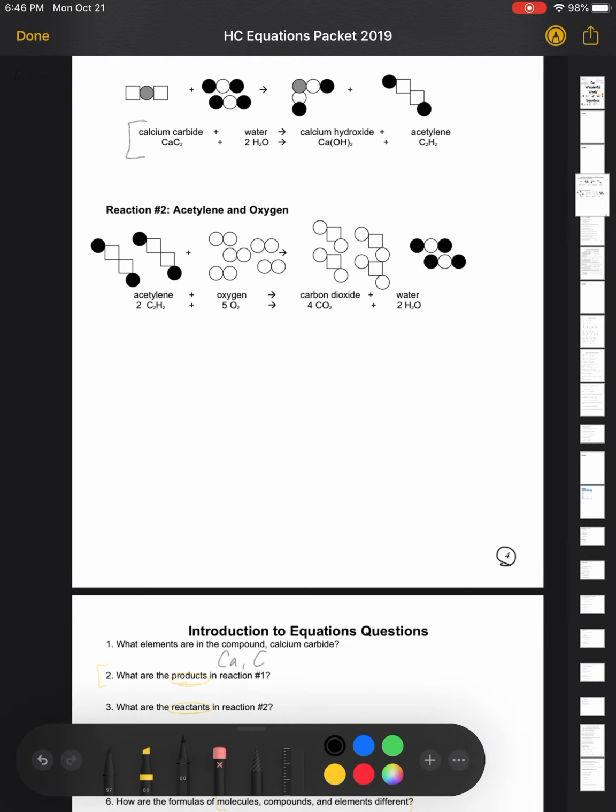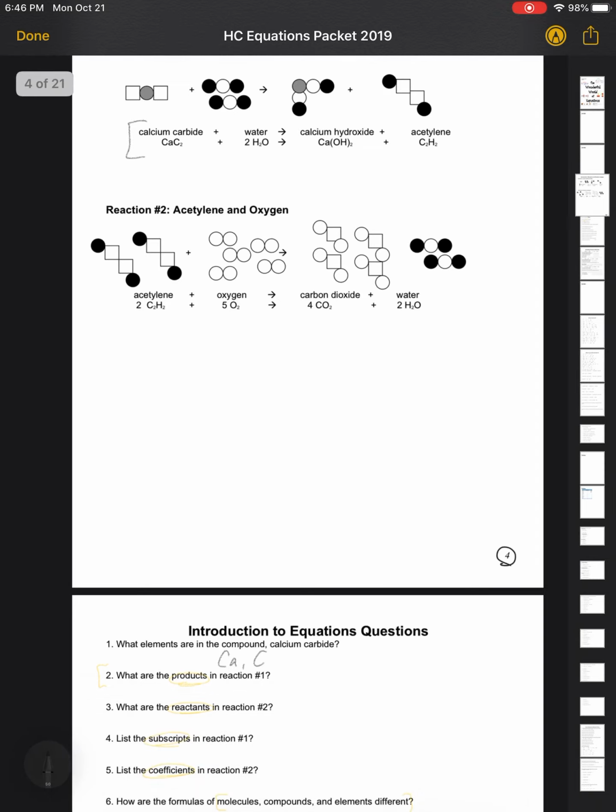So what are the products in reaction 1? Our products are going to be what's produced. So we have this arrow. This arrow is showing that there's a chemical reaction happening. So in showing that arrow, anything that's a product is going to be found on this side. We can remember that because products are produced, and so anything that's on the right side of that arrow, which will change later on as we go.